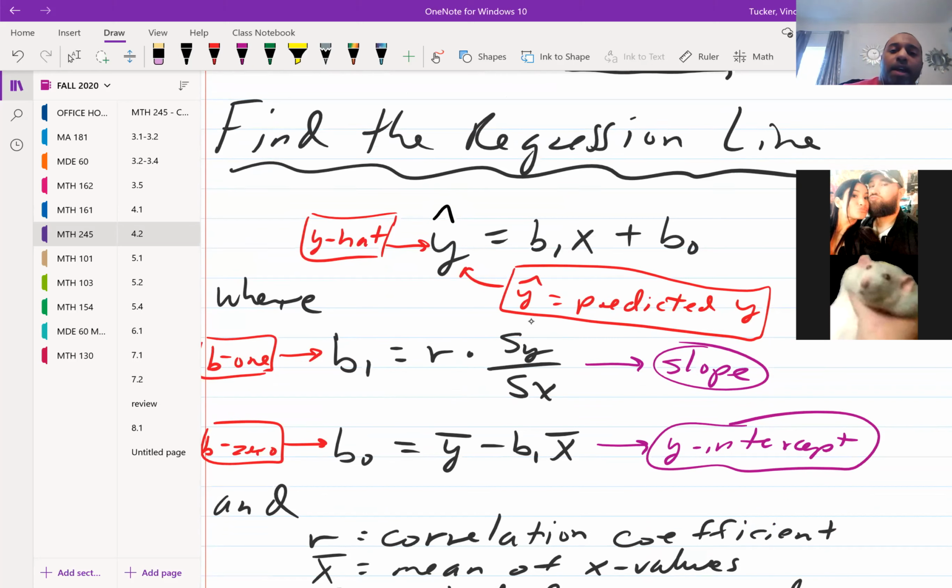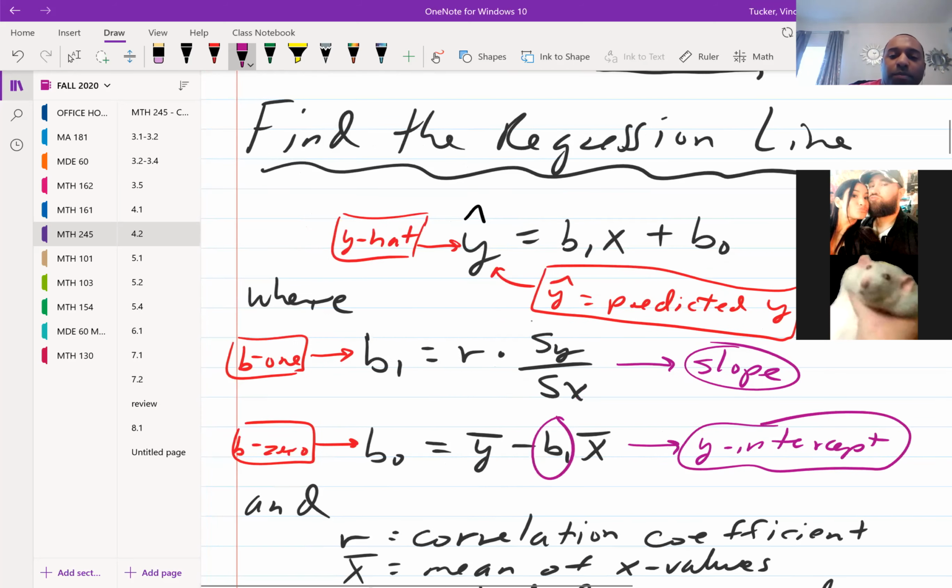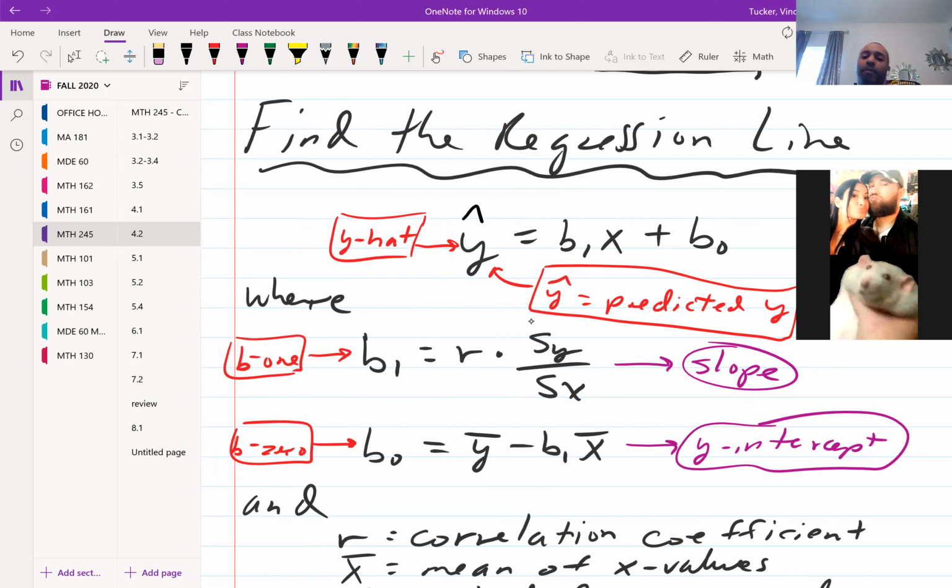The way we will find that is b1x plus b0. b1 is going to be r times s sub y over s sub x. We'll scroll down and let you know what that means in a second. And b0 will be y bar minus b1 x bar. Notice you have to find b1 first before you can find b0, because b1 is a part of the calculation of b0.